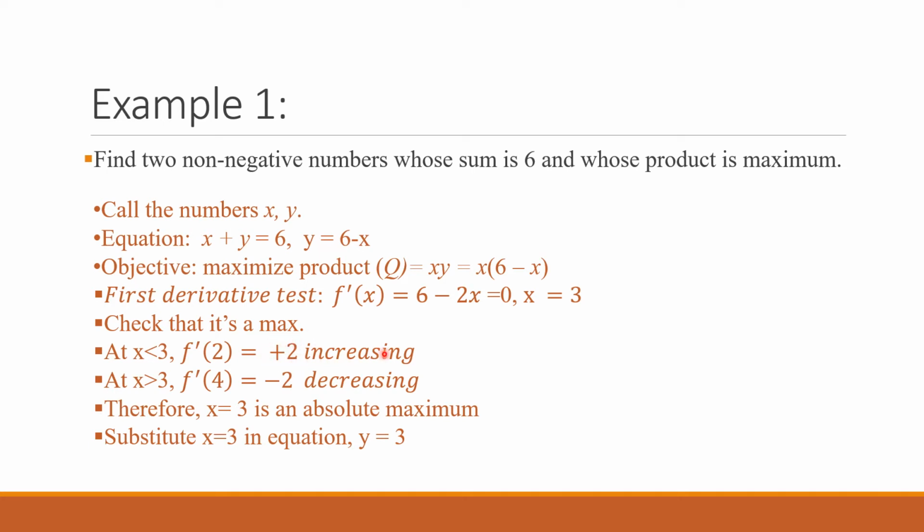Positive value means increasing function. And then at x greater than 3, the derivative of any point, you just choose any point greater than 3. I chose 4. I found it a negative, so it's decreasing. A function that's increasing then decreasing. Therefore, at this point in both intervals, x equals 3 is an absolute max. The last step is that I substitute x equals 3 in my equation to find the value of y that he wants, which is equal 3.